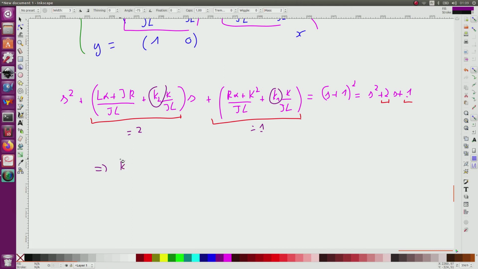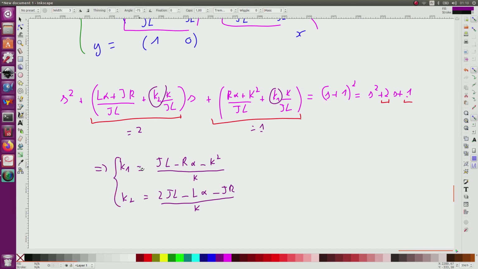I get that K1 is equal to (GL minus R alpha minus kappa square) divided by kappa, and K2 is equal to (2GL minus L alpha minus GR) divided by kappa.